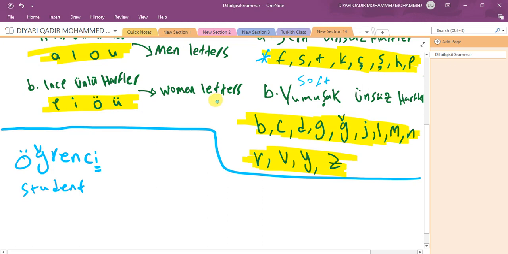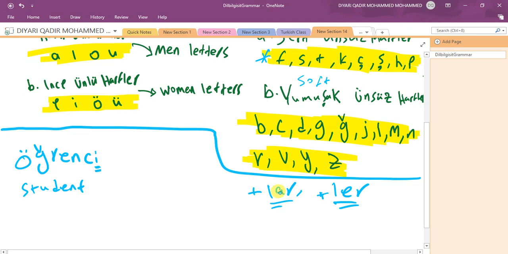It's women letters. The women letters we usually use for plural. We are using either lar or ler as a suffix.